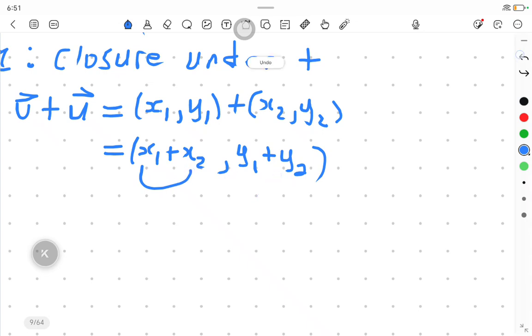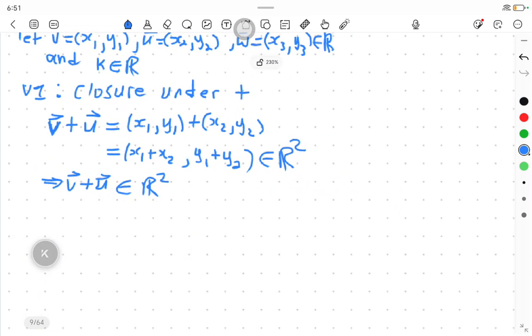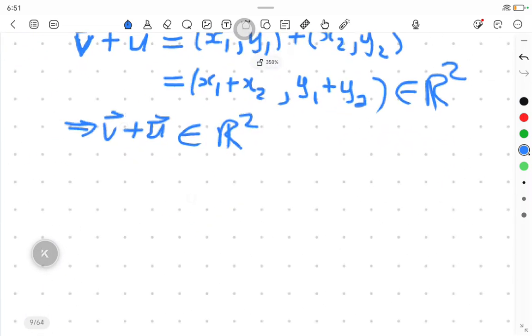This is an element of what? An element of R squared, which implies that though I took two elements, V plus U, these were elements of R squared. So this is closed, you see, according to that definition.